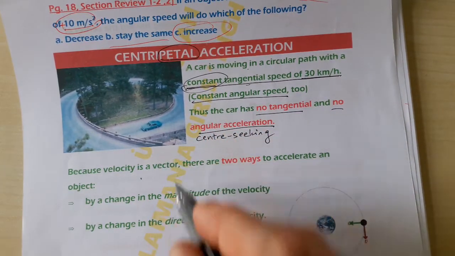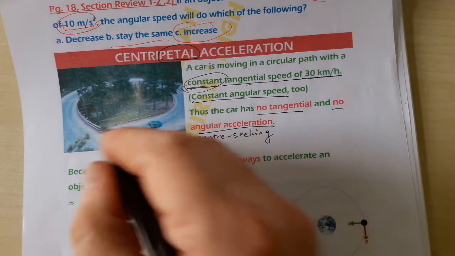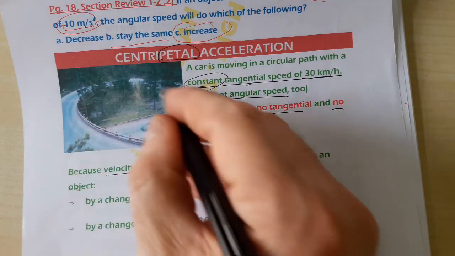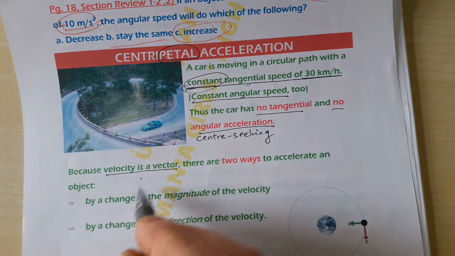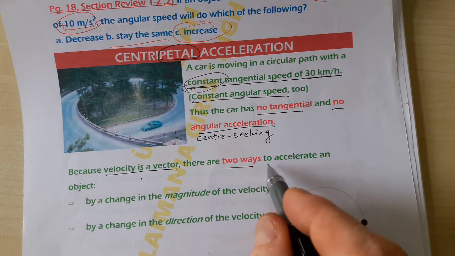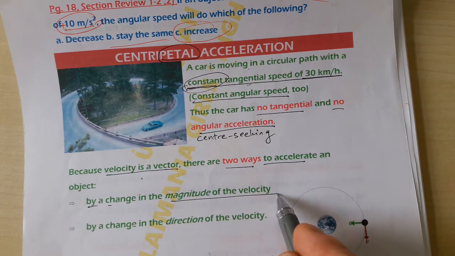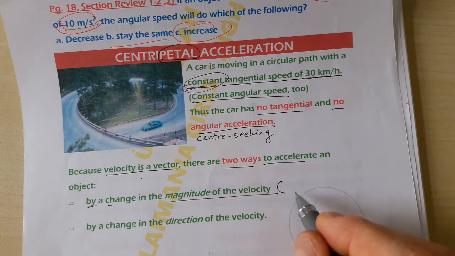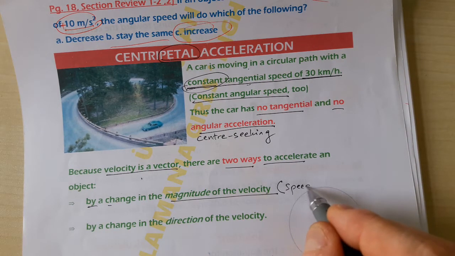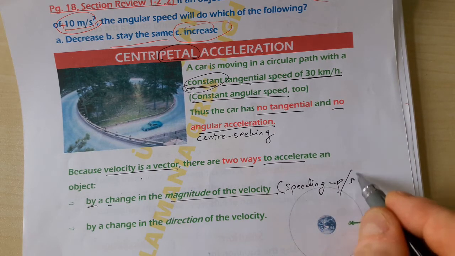However, because velocity is a vector quantity, the direction of the velocity vector is changing. There are two ways to change the velocity of an accelerated car. One of them is by changing the magnitude of the velocity, which can be done by speeding up or slowing down.